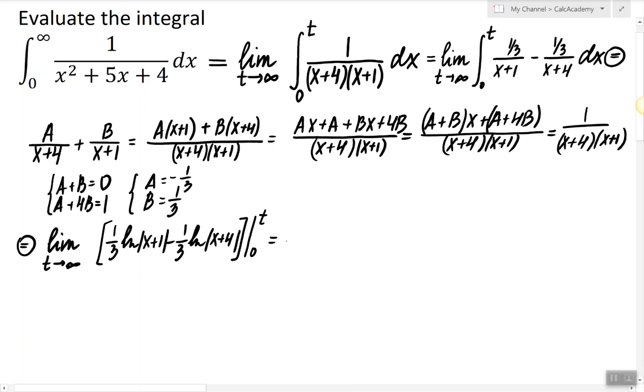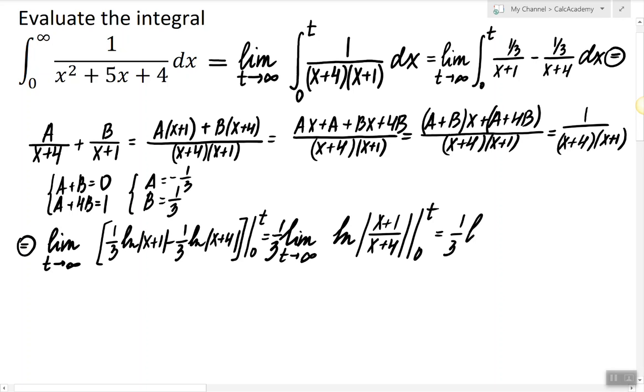Before we evaluate it, I'm going to simplify it using the properties of logarithms, and I'm going to rewrite it as 1/3, which can actually be factored outside of the entire limit. And what's left inside is the difference of logs, which can be written as the logarithm of the ratio. So what we actually have here is natural log of x plus 1 over x plus 4, and we now evaluate it between 0 and t.